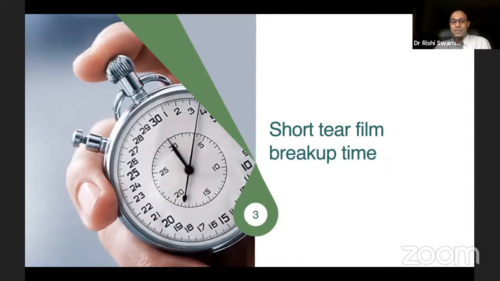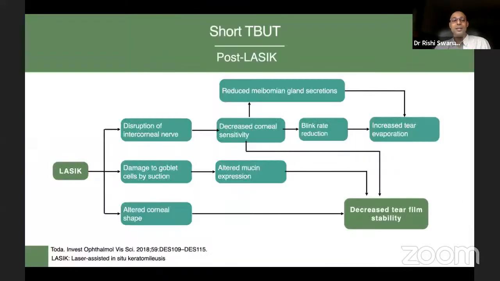A lot of the drops contain preservatives, and we're doing a lot of frequent dosing, and that can affect the meibomian secretion and could also end up blocking the meibomian orifice. And that probably is one of the reasons why we have tear film breakup time going down. Again, we know that the nerves getting cut can also reduce the blink rate, and all of those factors come into play. Damage to goblet cells, we discussed these factors earlier.